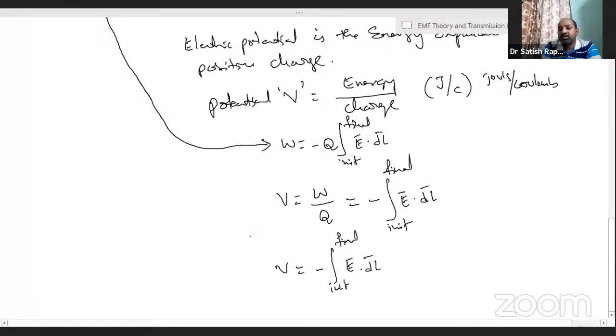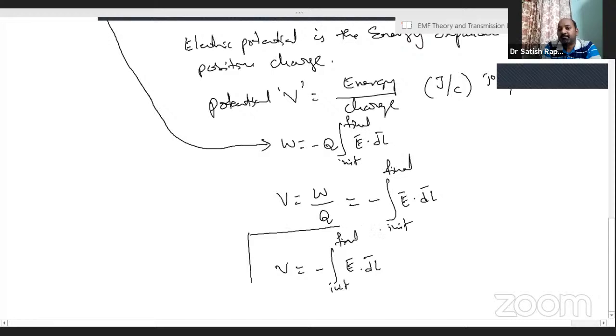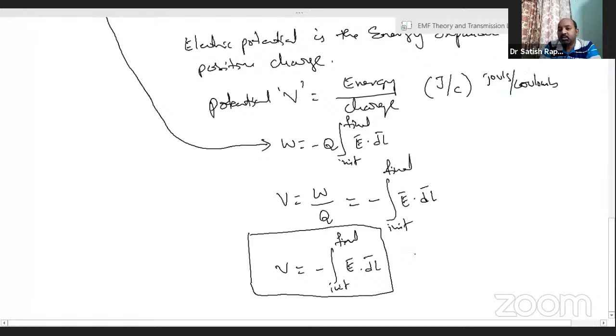So this is the equation. Potential is in joules per coulomb or volts. So this is about electrical potential.